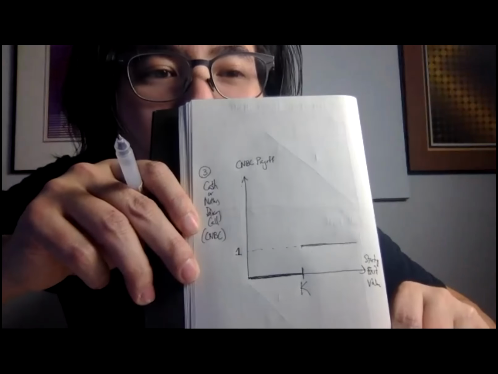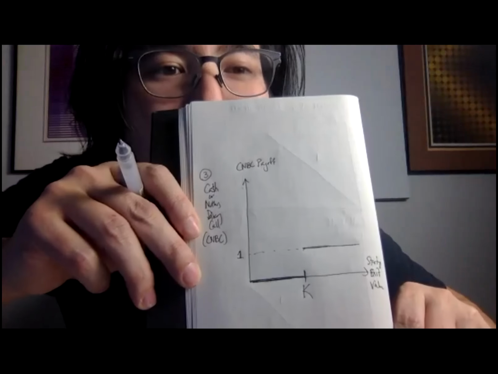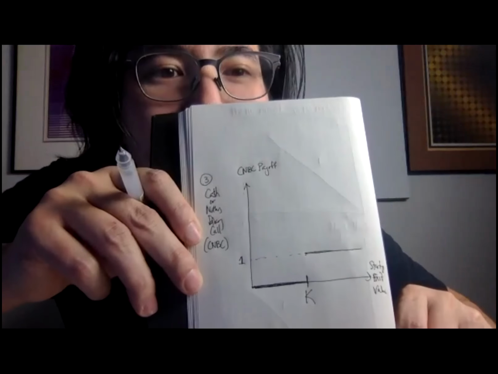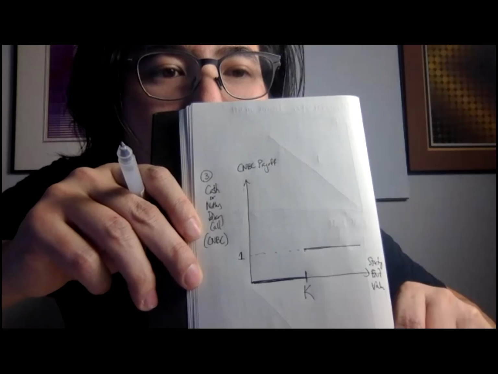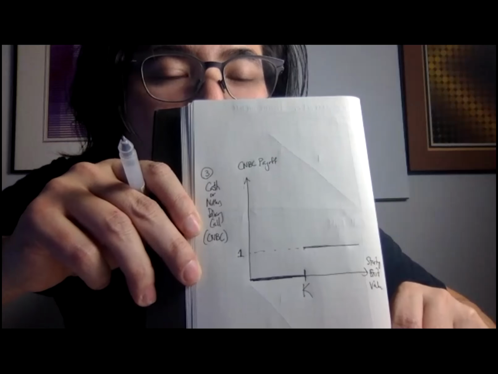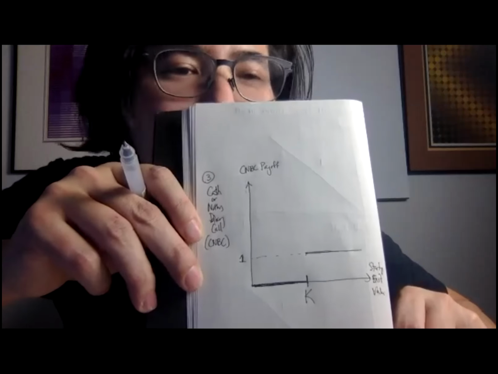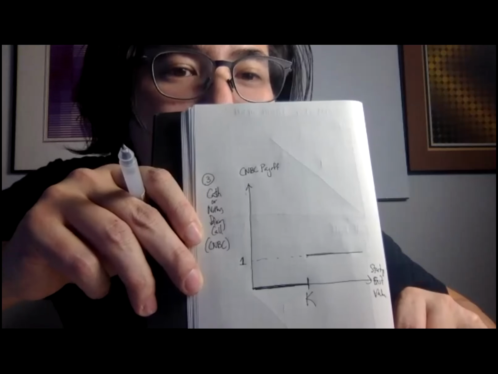So if you're 1 penny above K, you get $1. If you're $1 trillion above K, you still get $1. Notice this is like a jump. A CNBC gives you a jump of $1 at K and then stays at $1 for every exit value above that. So the slope is 0 and then 0.